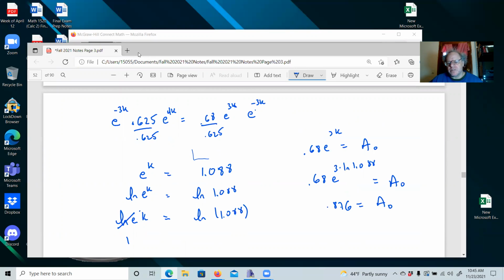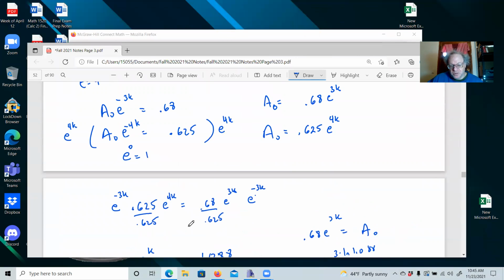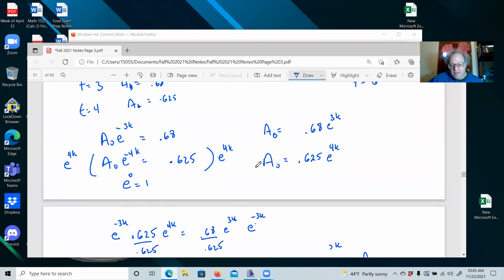I didn't do it the way that the book structures it. I just didn't show you what the steps were. They kind of hold your hand through all of this and have you do it piece by piece. I skipped this part. The first thing you write down, when it says substitute, is something like this equation here.